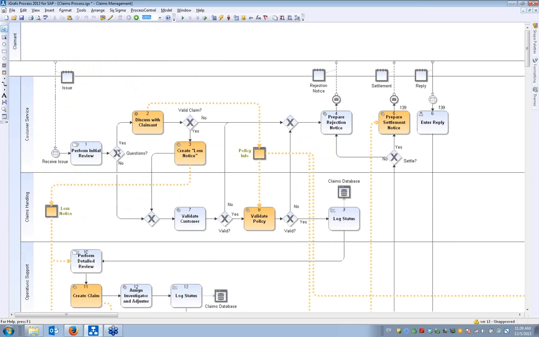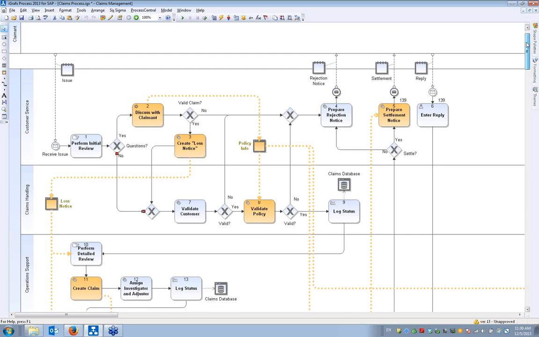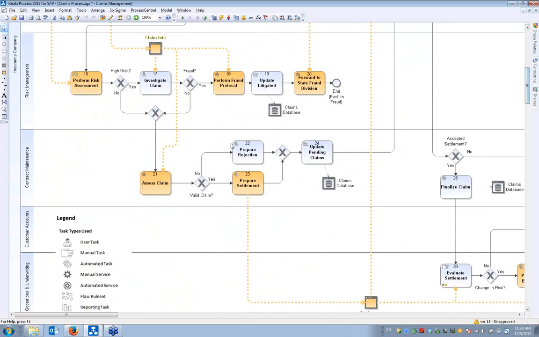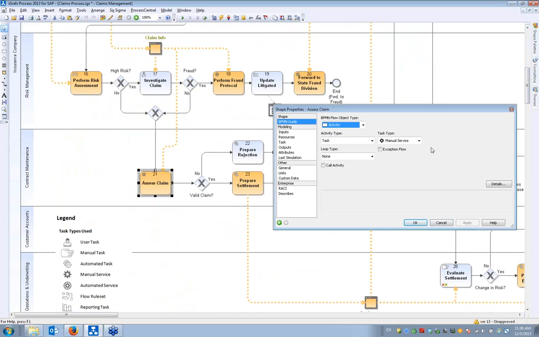It's a BPMN 2.0 compliant diagram with your typical events, activities, gateways, and the sequence flow through the process. Now, what's not typical is the extended BPMN notation used to model specific manual services, automated tasks, flow rule sets, and reporting tasks.